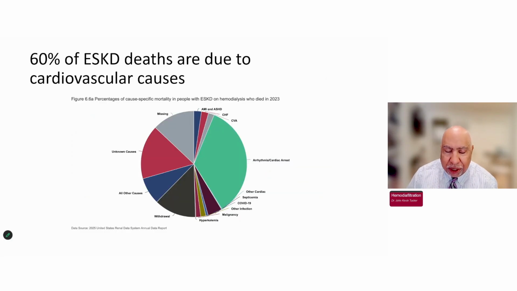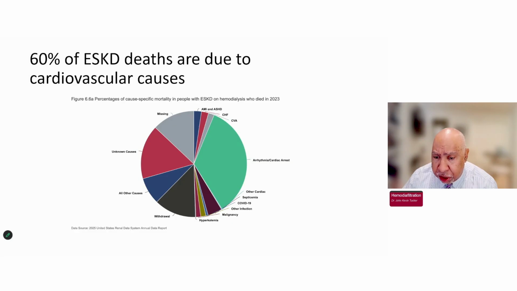When we think about what the causes of death are in our dialysis patients, there are 2 big categories. The first are cardiovascular disease deaths, and the second are infectious deaths. If you look at this pie chart, you can see that arrhythmia and cardiac arrest account for the greatest proportion of deaths and the greatest proportion of cardiac deaths.